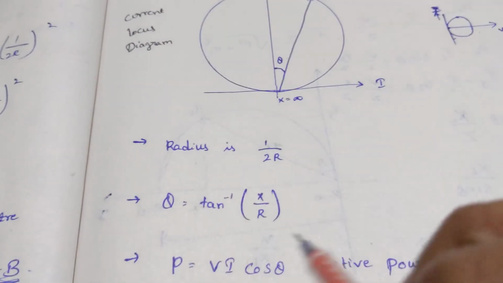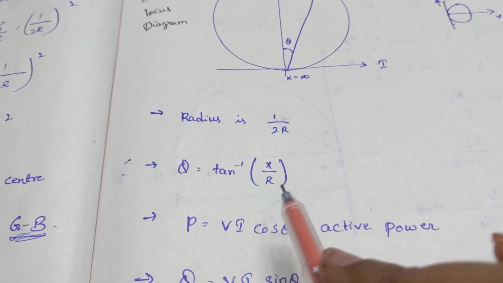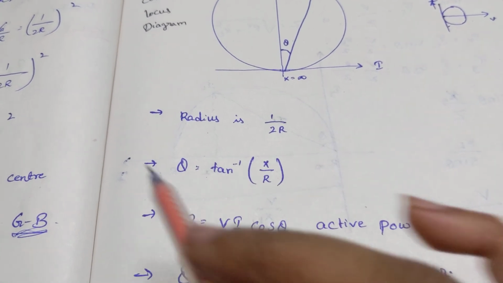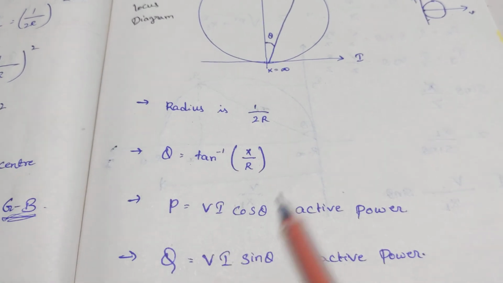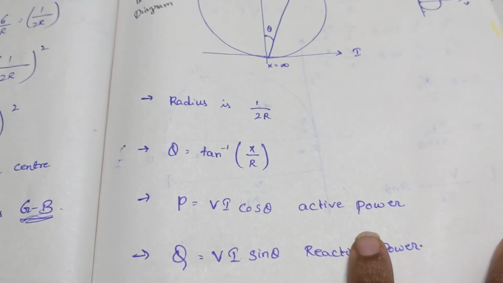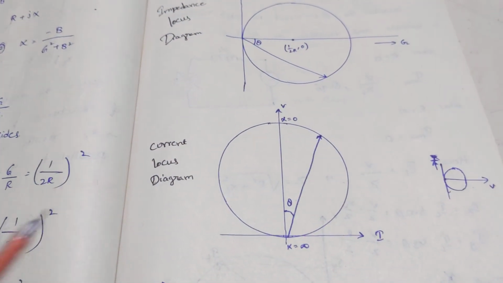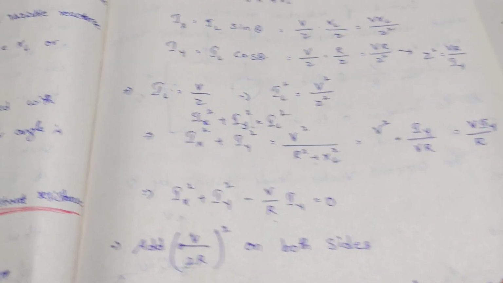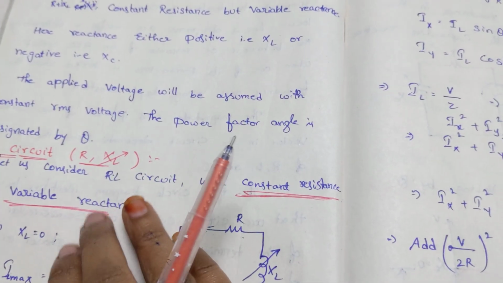Finally, the radius is 1 by 2R and theta is tan inverse of X divided by R. The active power in your AC circuit is VI cos theta and the reactive power is VI sin theta. So that's it for the series RL, RC, RLC circuits for constant resistance and variable reactance.